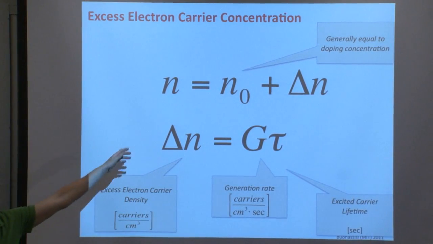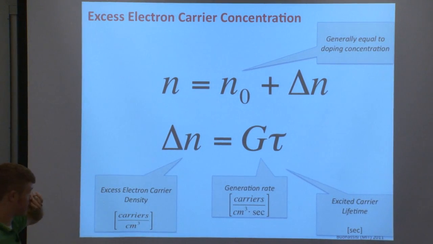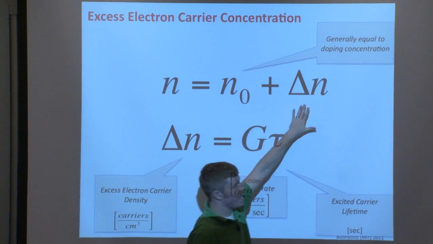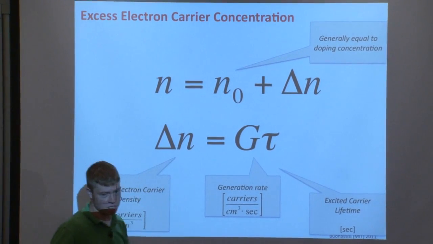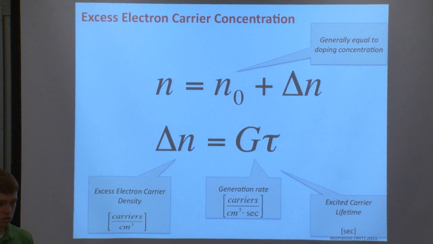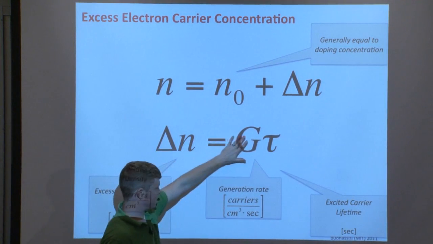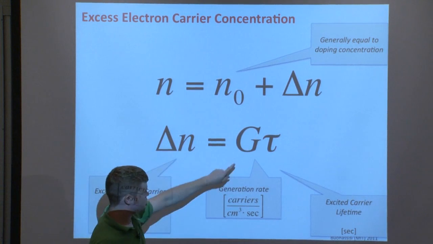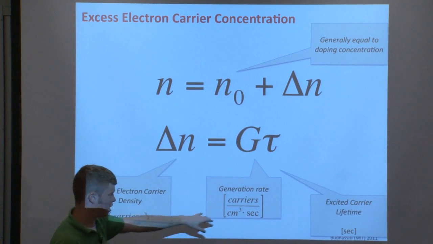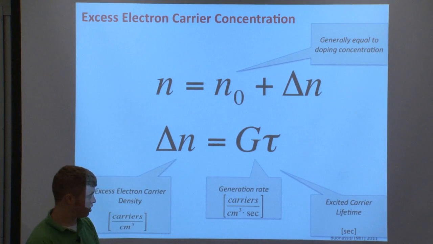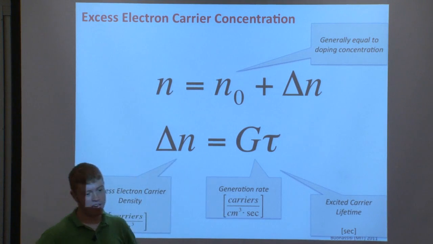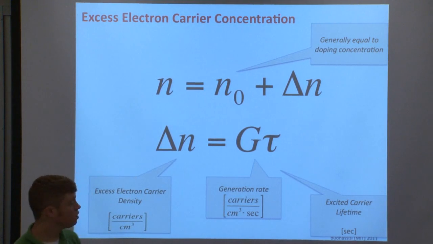So if you're putting phosphorus atoms into your silicon, it would be the concentration of phosphorus atoms. Your delta N is how many extra mobile electrons you're adding due to the photoexcitation of light, right? And so that's what this is saying, that your delta N is equal to your generation rate. Your generation rate is generally in units of carriers per volume per second. So how many carriers you're generating in a certain volume.